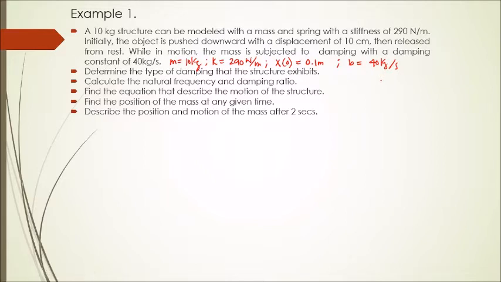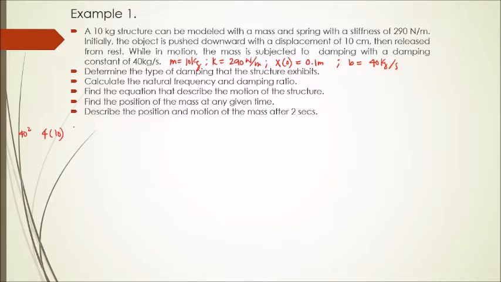Now, the first question is to determine the type of damping that the structure exhibits. What state does it exhibit? Using the comparison of b squared to 4mk, our b squared here is 40 squared. And our 4mk, 4 times M which is 10, times K which is 290.